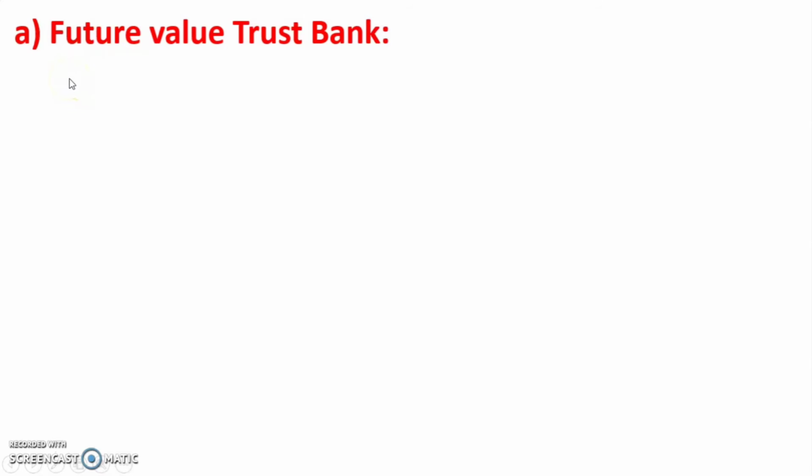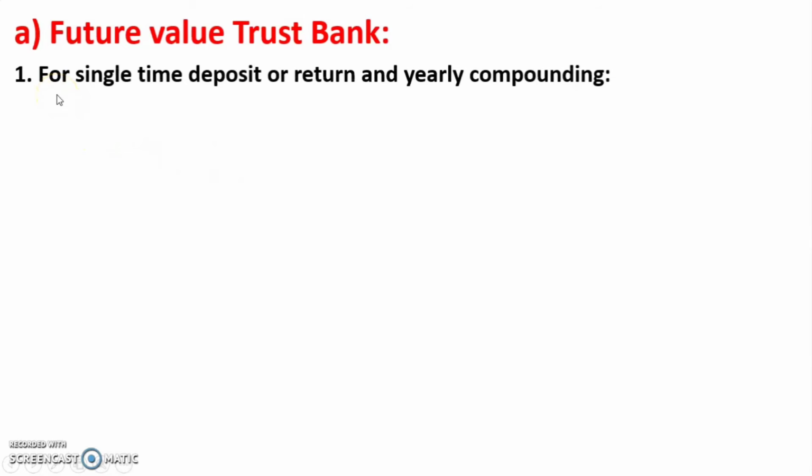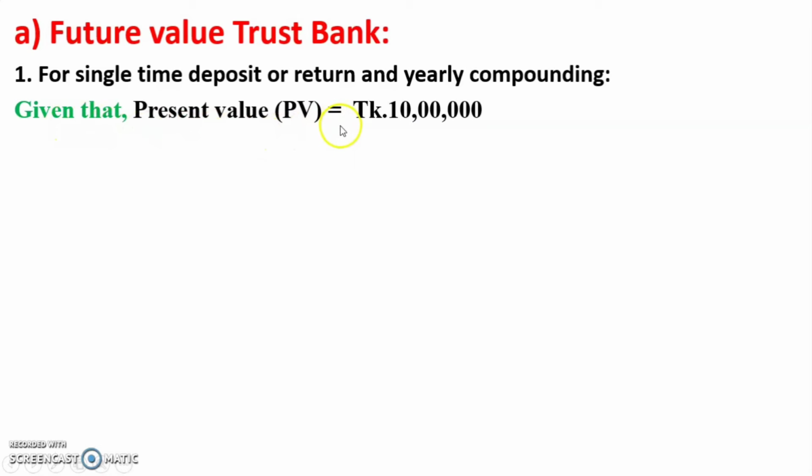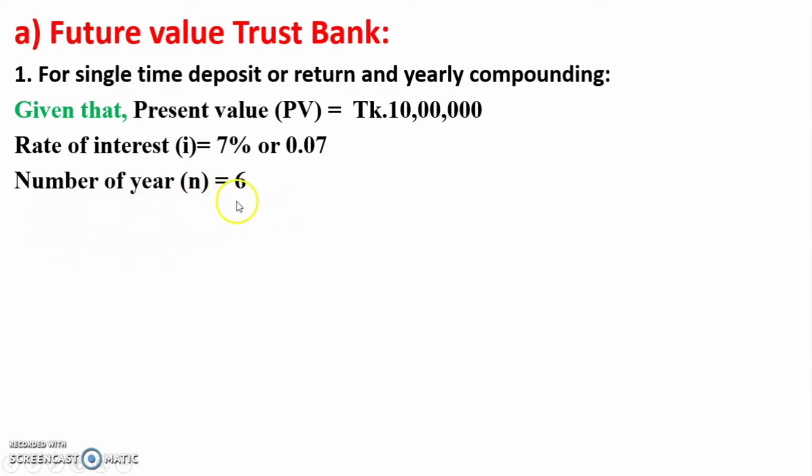Students, now we'll see the solution of this problem. First one, we calculate the future value of Trust Bank. We will apply the formula of single deposit or return for yearly compounding in Trust Bank. Given that present value equals 10 lakhs, rate of interest is 7% or 0.07, number of years is 6, future value, what?